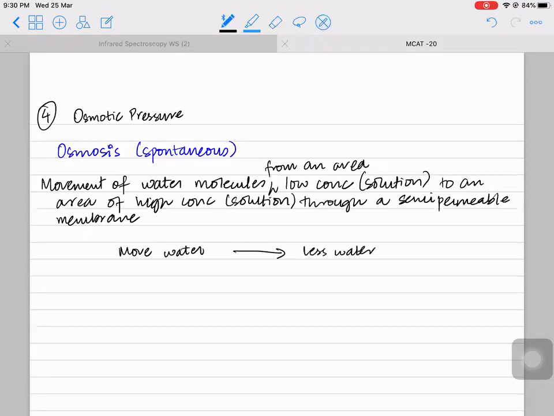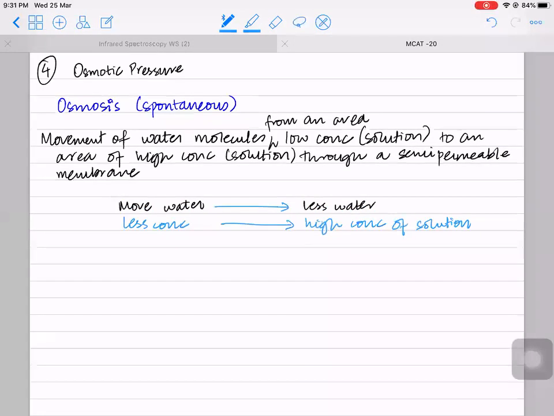More water basically means less concentration, because if there is more water, the concentration of solute will be less, and less water means higher concentration of solution. So you can use this interchangeably. The best way to say it, I think, is from less concentration to an area of higher concentration of solution through a partially permeable membrane or a semi-permeable membrane, right?